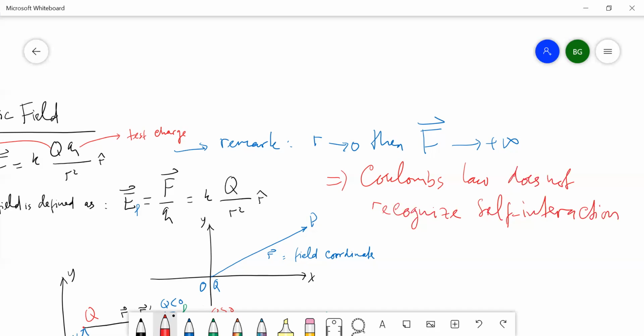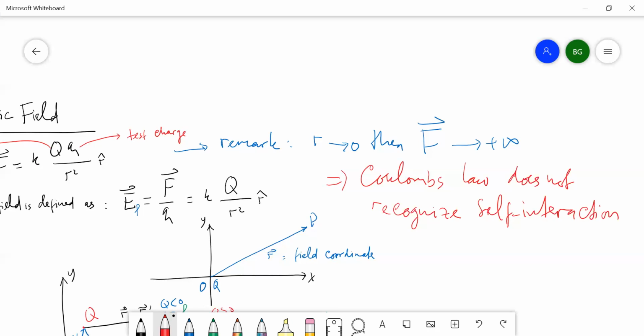Three charges can be divided into three interactions: between 1 and 2, 2 and 3, 3 and 1.